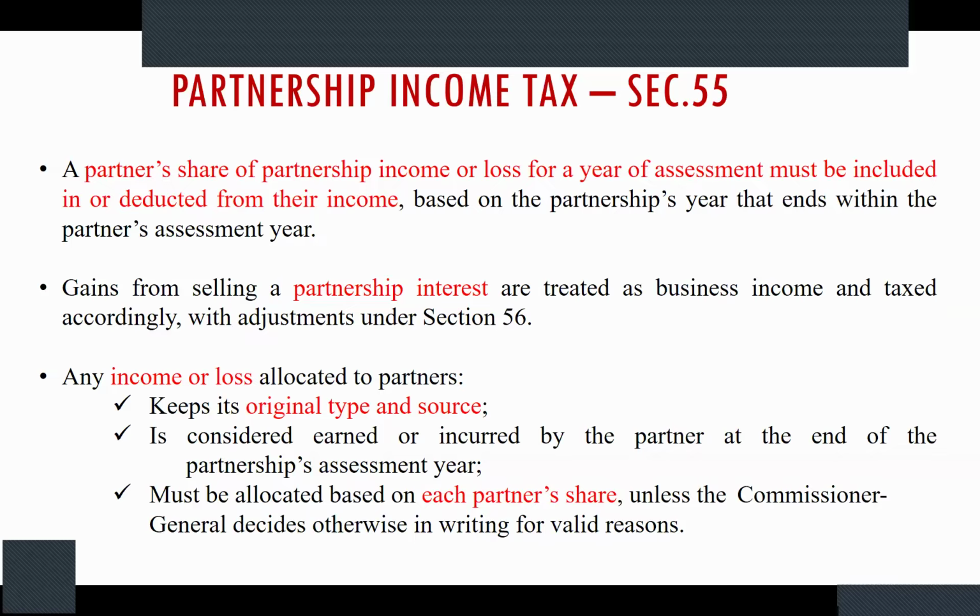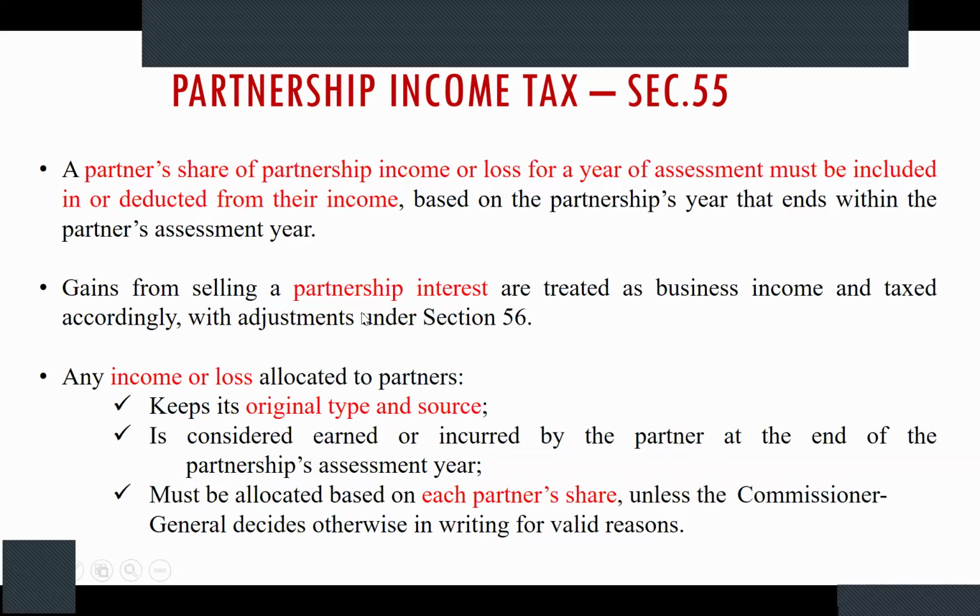That means when calculating an individual's tax liability, if that individual has a sole proprietorship separately and partnerships with other partners, all income should be considered as that individual's income and included in the individual's income tax return. It can be either profit or a loss.